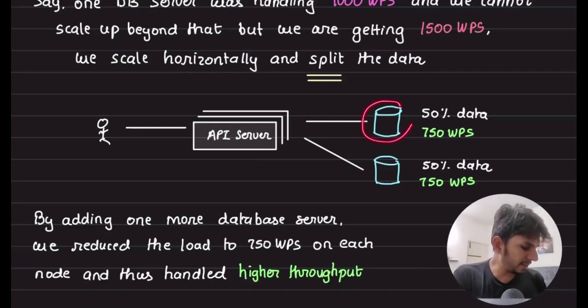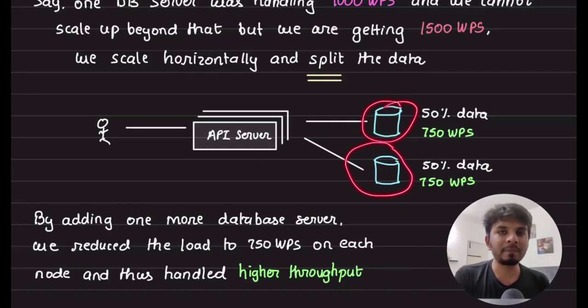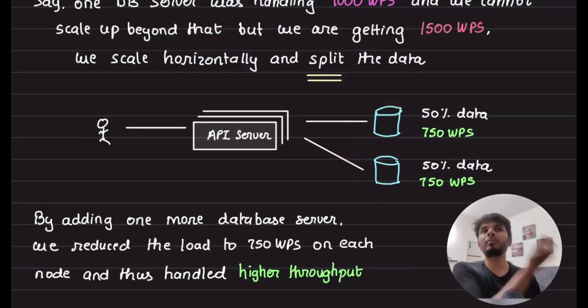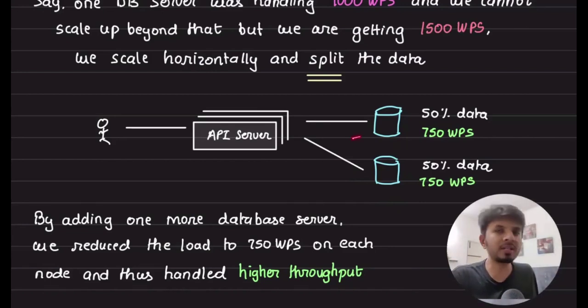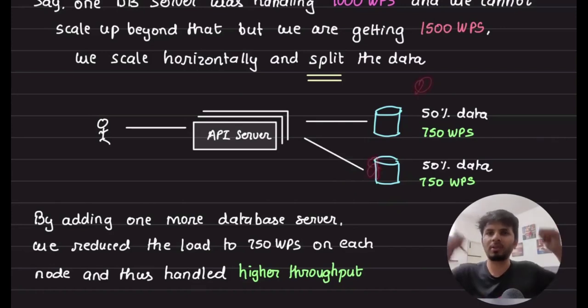The database has a limit of 1000 writes per second. Because the requests I'm getting are 1500 writes per second, a 50% data split implies that the first database would get 750 writes per second, and the second database would get 750 writes per second, but their capacity is 1000. You are very happy with it. So you are able to handle it with horizontal scaling.